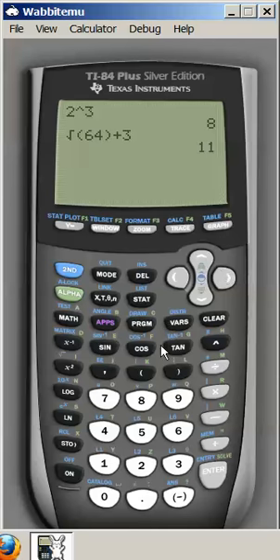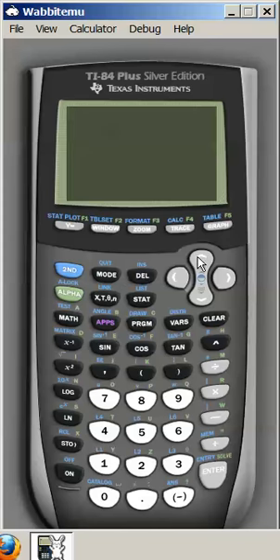Another really important feature here is as your batteries start to get a little bit low, your screen might start to look a little dim and it gets harder to read your numbers, but you don't have your new batteries yet. The brightness feature is here on the up-down arrow keys. So if I hit second and hold the up arrow, my screen gets darker. If I hit second and hold the down arrow, it gets lighter.